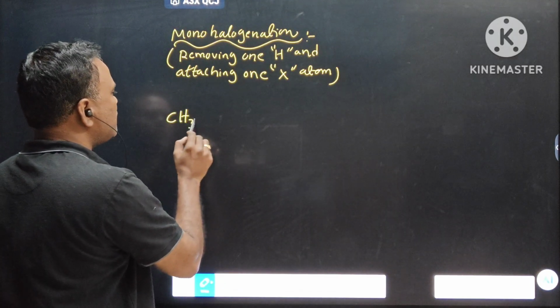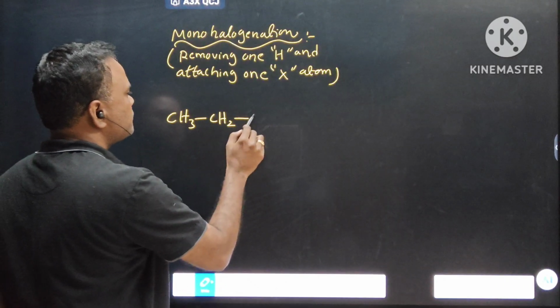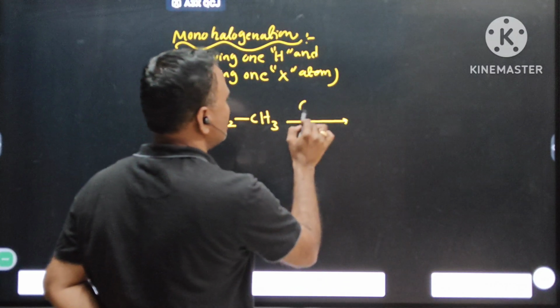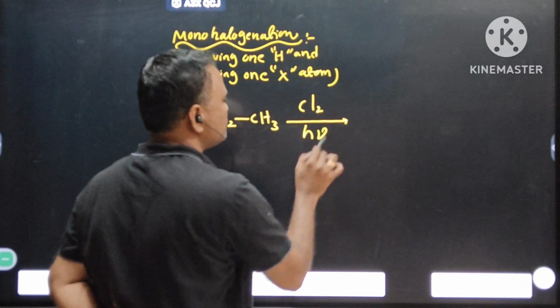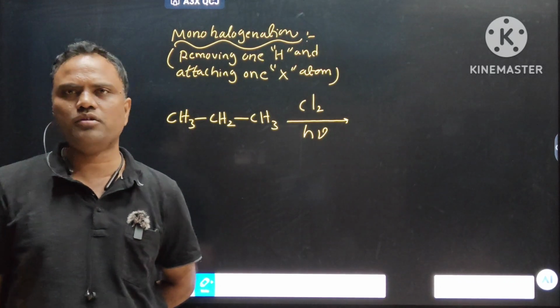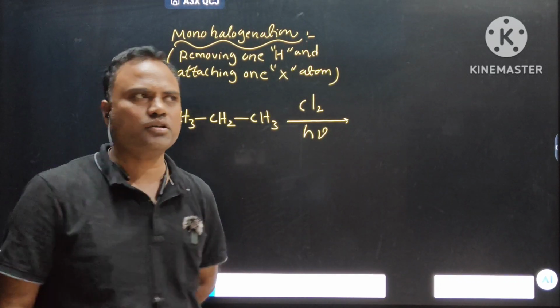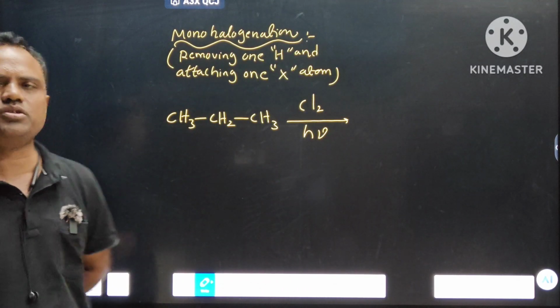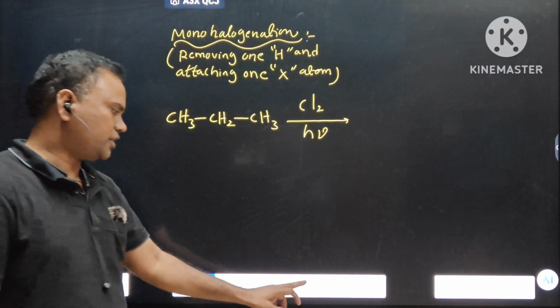Propane upon monohalogenation produces how many alkyl halides? How many alkyl halides can be prepared when propane is subjected to monohalogenation? Look at this.